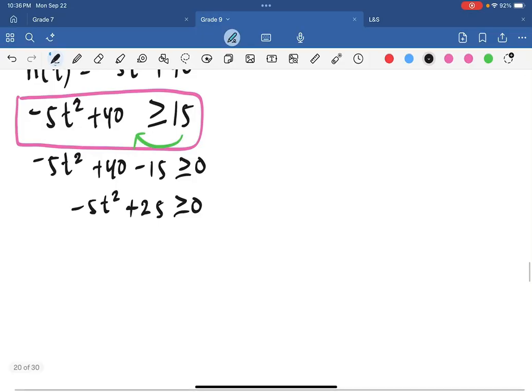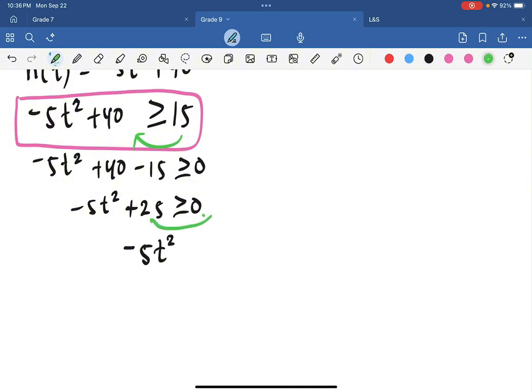factor the given expression. So we have 25, right? I think the easy method for this one would be extracting square roots. So we have here negative 5t squared. So we're going to transpose back 25 to the other side.